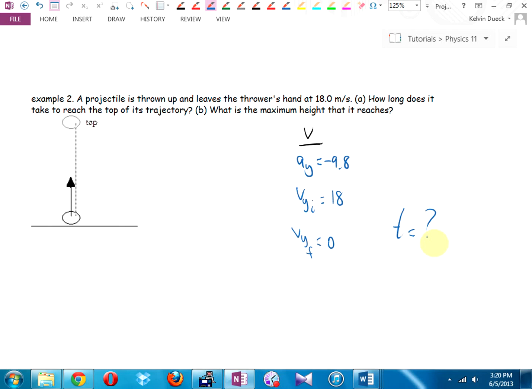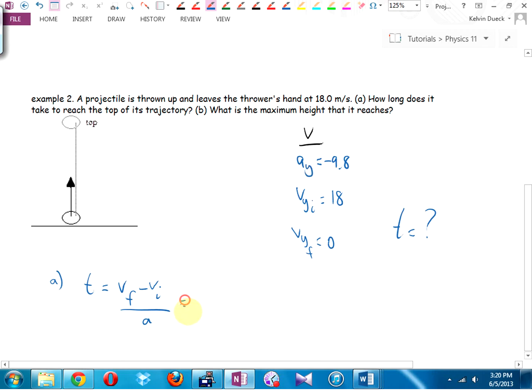Vf equals Vi plus at. Can you get the t by itself in your head? t equals Vf minus Vi over a. And double check, I'm putting in a vertical and a vertical. The big mistake is kids want to put verticals into horizontals and vice versa.